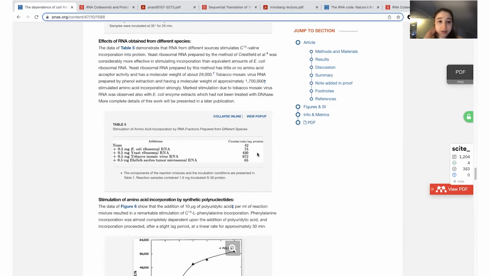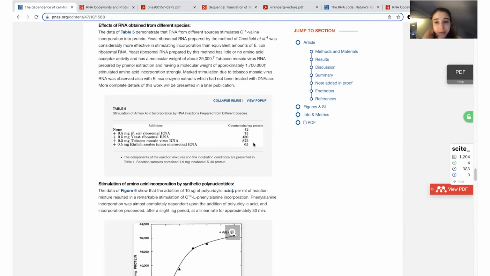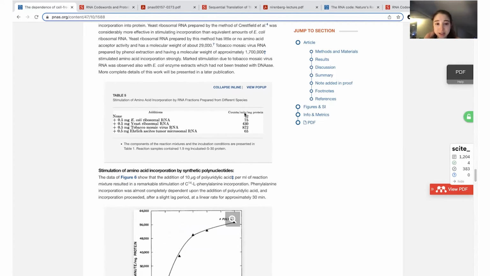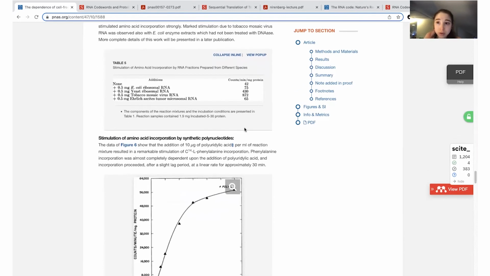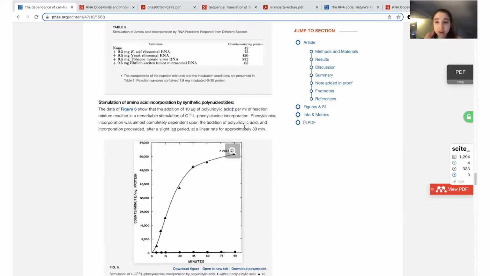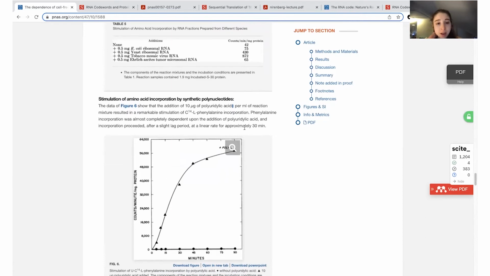And they showed too that you could replace it with messenger RNAs from other species. So they put in yeast RNA, some virus RNA, and various things, and they got protein made, which is pretty cool because now you're seeing, okay, this genetic code is universal. No matter what, you can stick an mRNA from other species and you still get protein made.